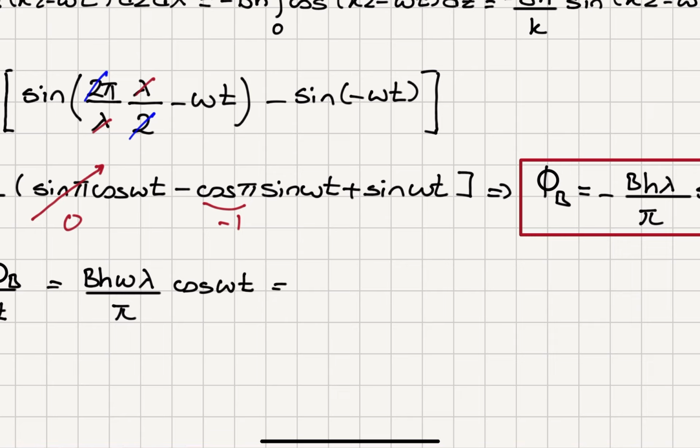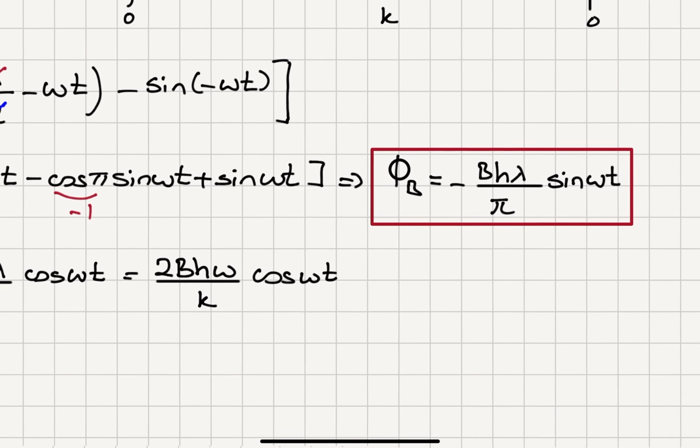But if I note that I have k is equal to 2 pi over lambda here, so if I multiply the top and bottom with 2, I can see that this is actually 2 BH omega divided by k, where k is 2 pi over lambda, cosine omega t.